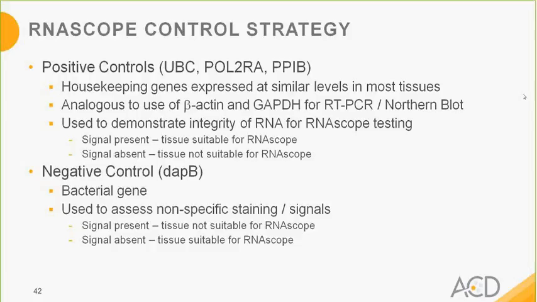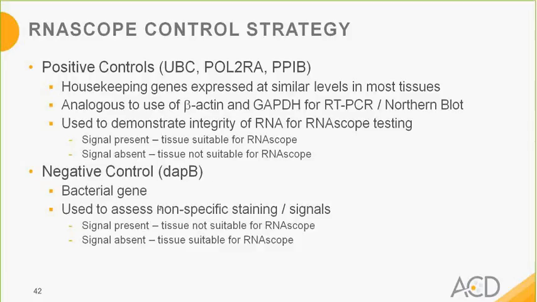The purpose of the positive controls is to demonstrate the integrity of RNA for RNAscope testing. In general, if a signal is present in the positive control slide, the tissue is suitable for RNAscope, whereas if the signal is absent, the tissue is not suitable for RNAscope. The negative control that's typically used for RNAscope assays is a probe targeting a bacterial gene called DAP-B.